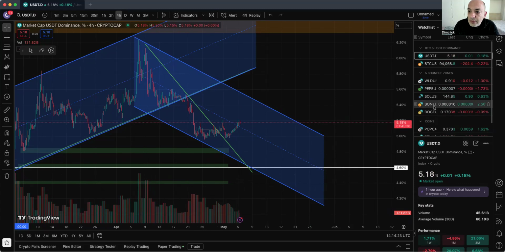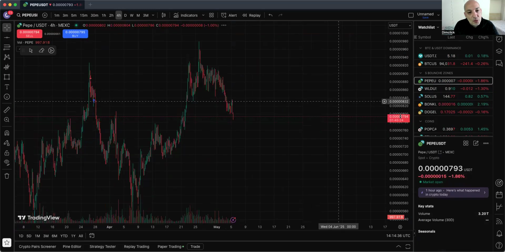I also want to give you my analysis on five altcoins for potential bounce zones. Number one is Pepe. Pepe is a very famous meme coin. I'm sure you know it.